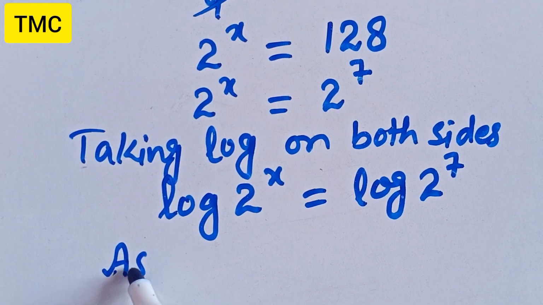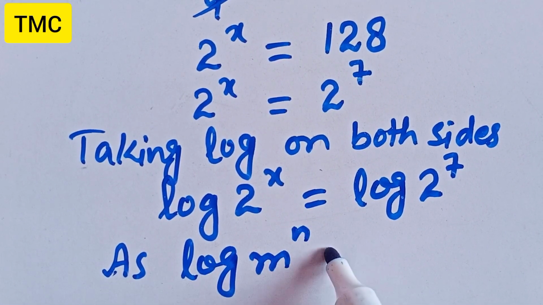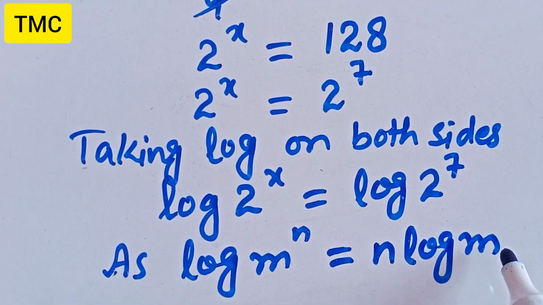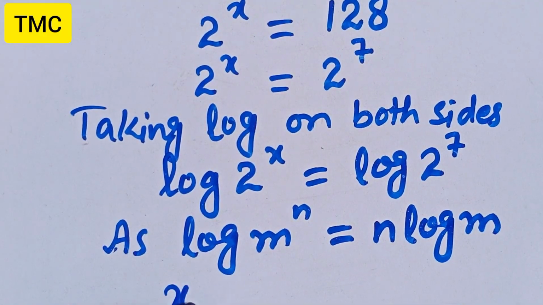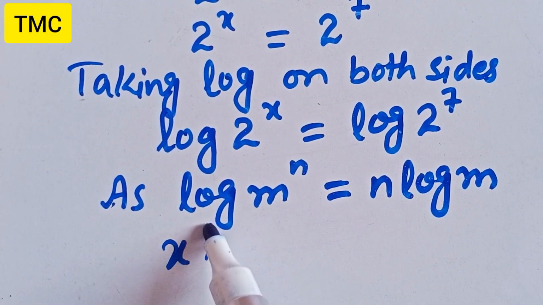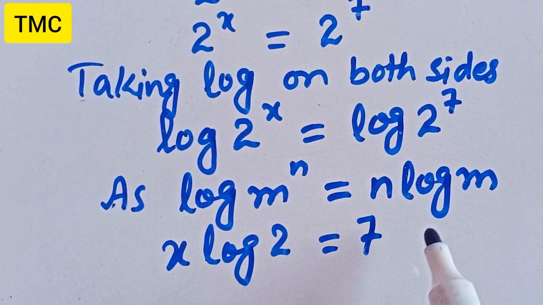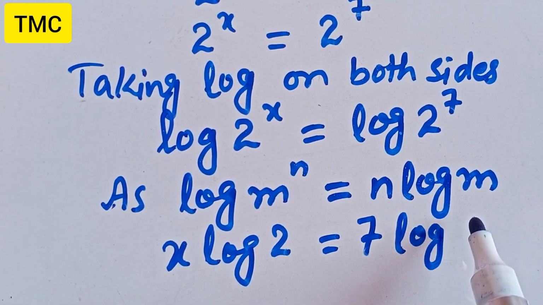From the laws of logarithm, we know that log m power n can be written as n log m. So applying it on both sides of the equation, we can write x log 2 equals 7 log 2.